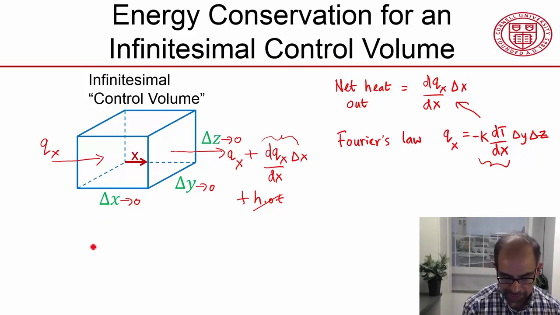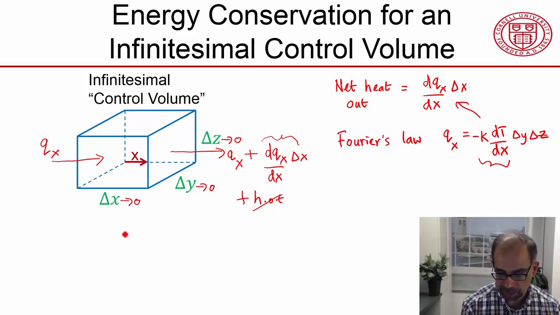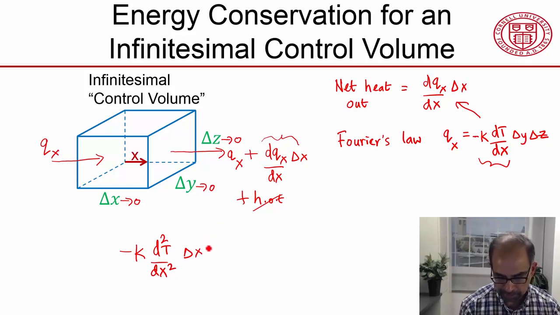The purpose is not to derive this rigorously, but to do it intuitively so that you get a sense of the physical significance of each term in the equation. So you get a term that looks like minus k d squared T dx squared, times delta x from here and delta y and delta z from there.